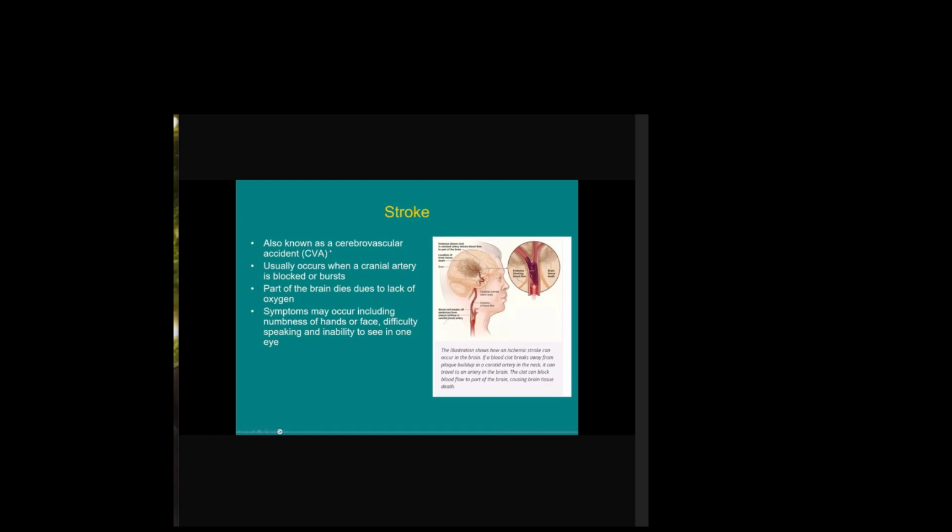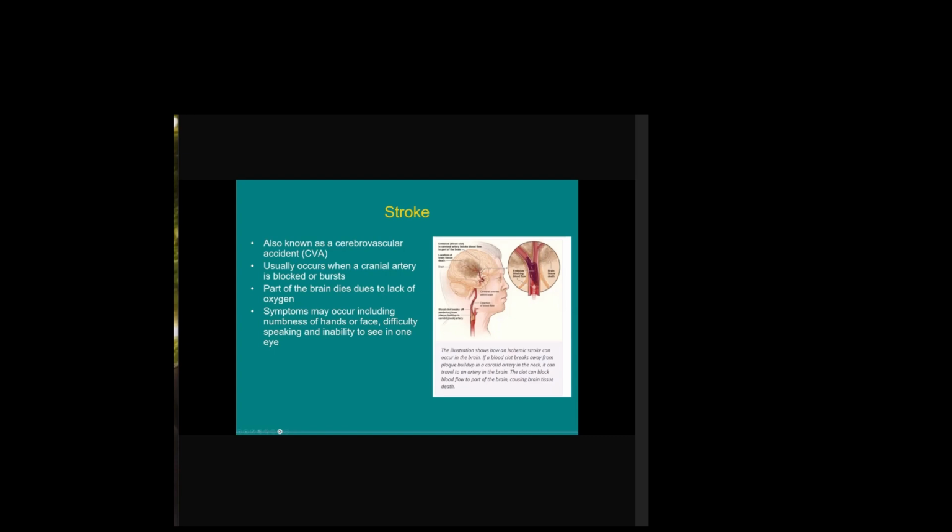A stroke is also known as a cerebrovascular accident, and usually occurs when a cranial artery is blocked or bursts. Part of the brain dies due to lack of oxygen.